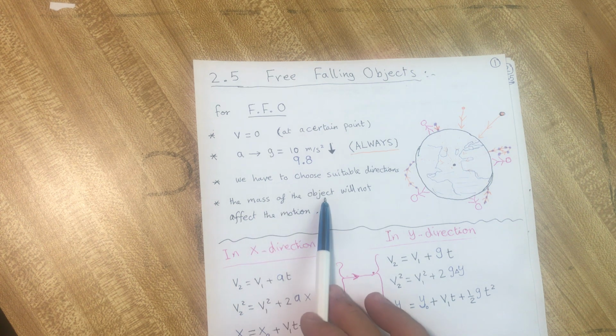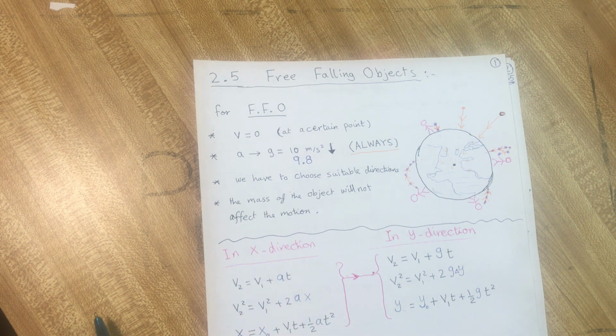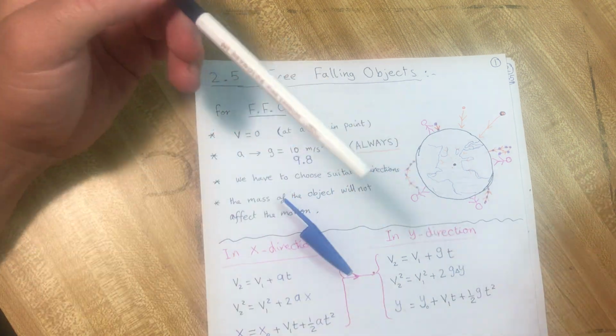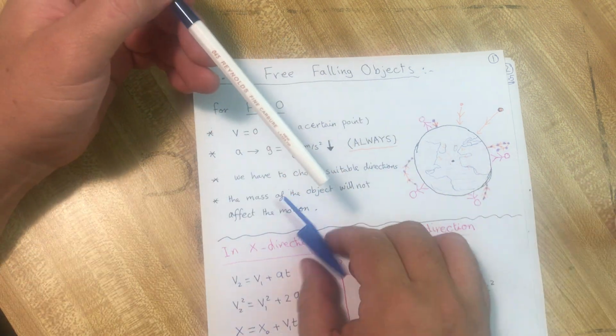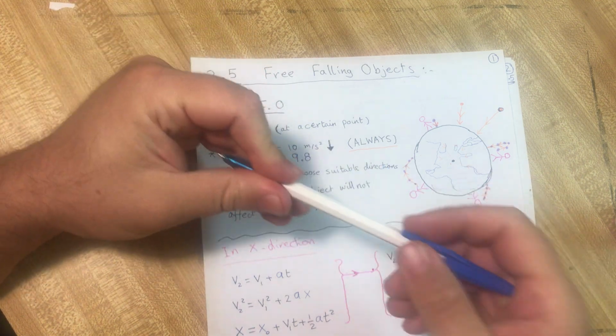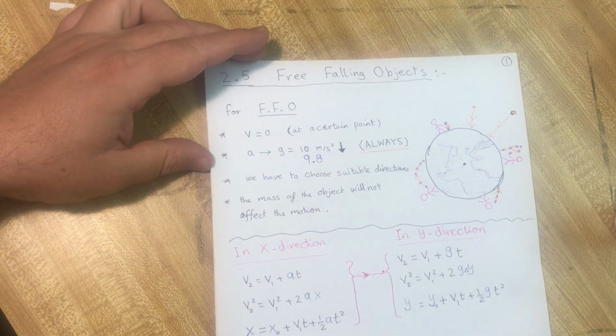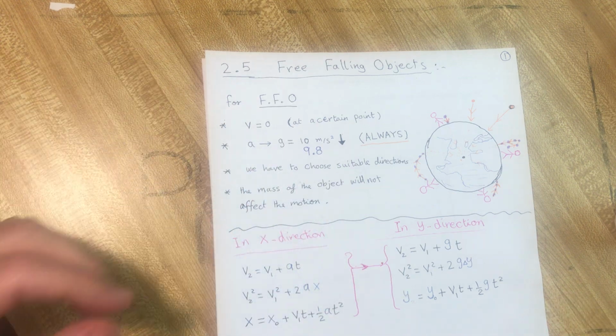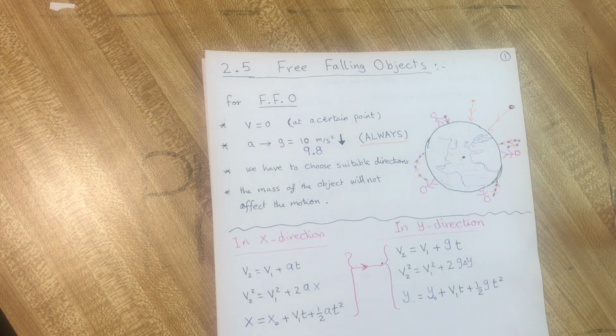The mass of the object will not affect the motion, whether it is light or heavy. You will see the experiment of free falling bodies, the hammer and the feather, on the moon surface, also in a vacuum room. The free fall is the same for both bodies.